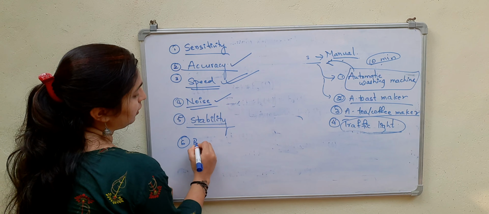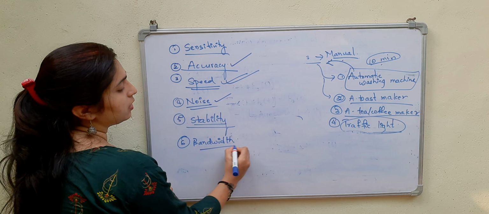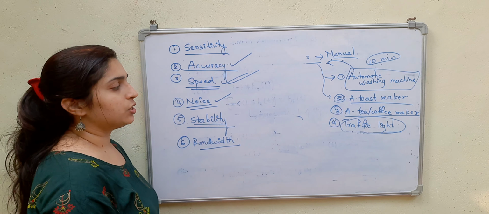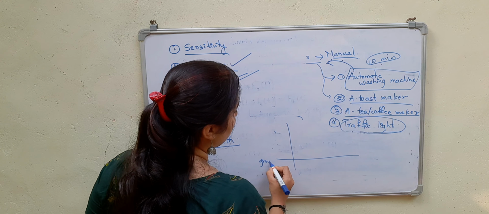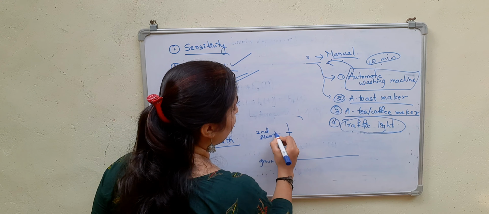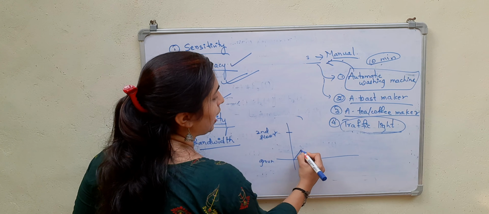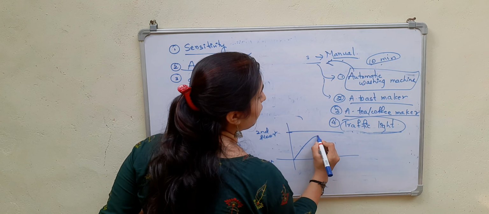Then you have bandwidth. For a good frequency response, the bandwidth should be large. So in the case of lift, if I consider this as the ground floor and this as the second floor, after pressing the second floor button, it takes some time and then it starts. So suppose this is the steady state error.